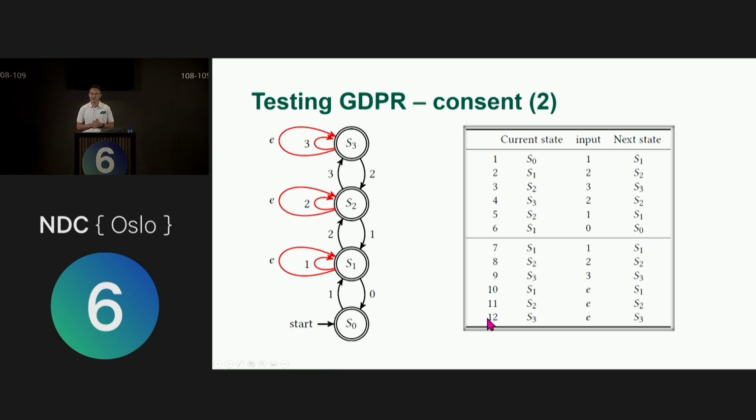We need 12 tests to have 100% edge coverage, or to test all the possible combinations of API calls. And of course, these are abstract cases. I'll show concrete test cases also.